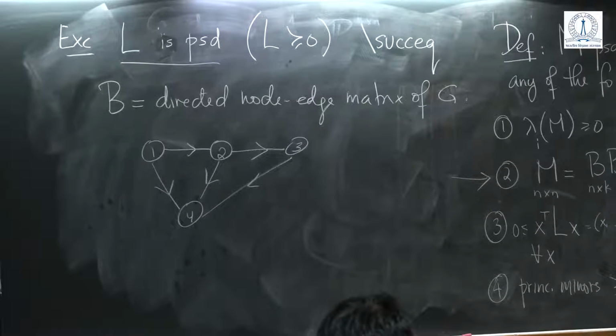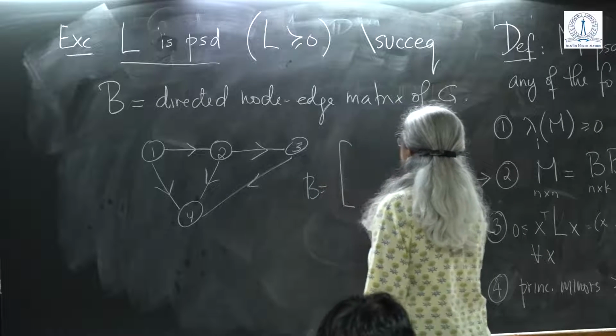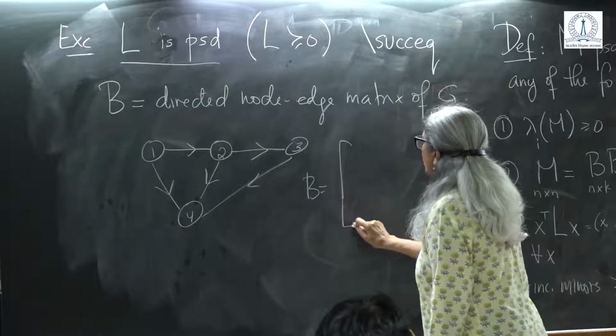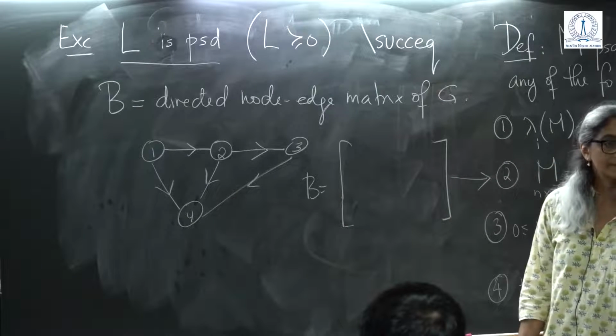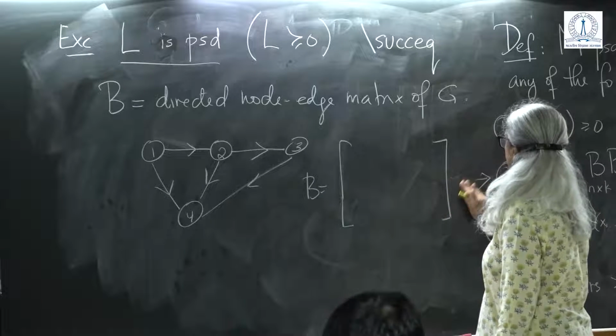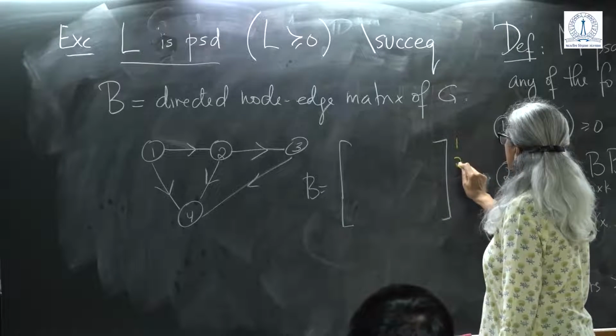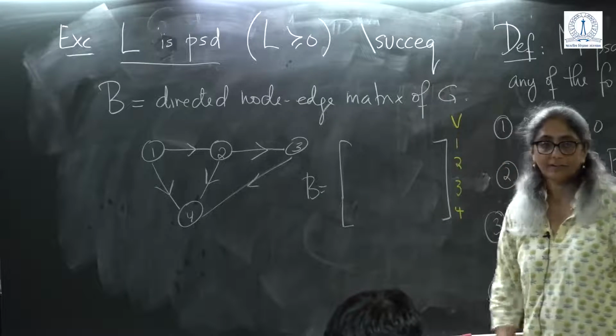And now we're going to construct this matrix B to be a matrix that has the nodes on the rows and the edges on the columns. Okay? So the nodes are going to be 1, 2, 3, and 4. These are the vertices of the graph.